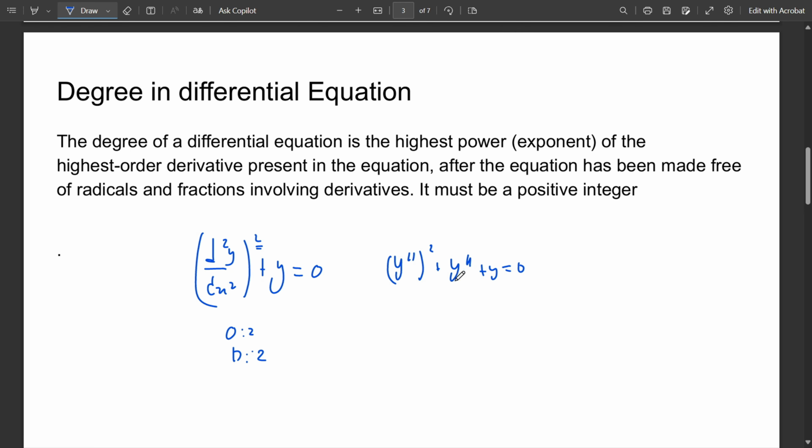In this case, the highest derivative is y double prime, so we have order 2. And what is the degree? We have to look at the highest power of that derivative, so the degree is 2.